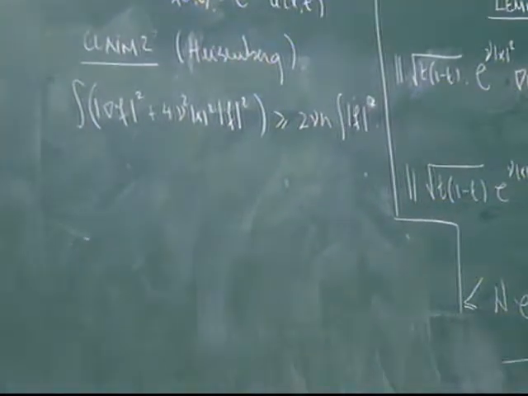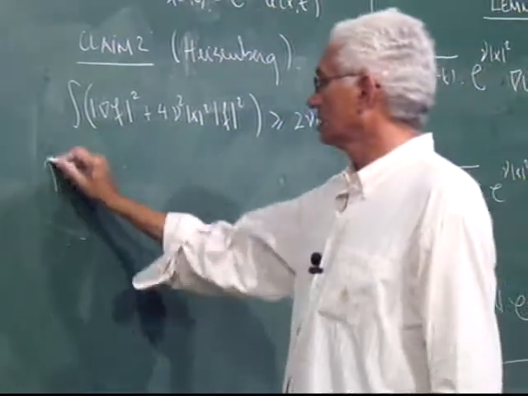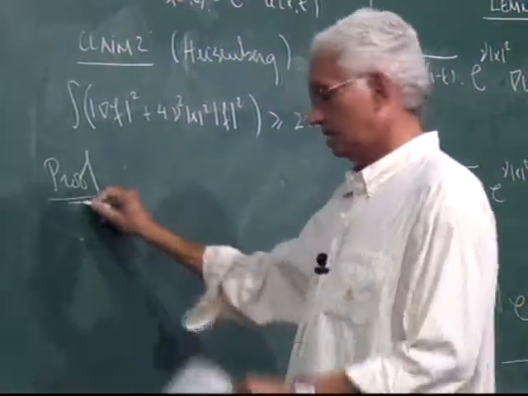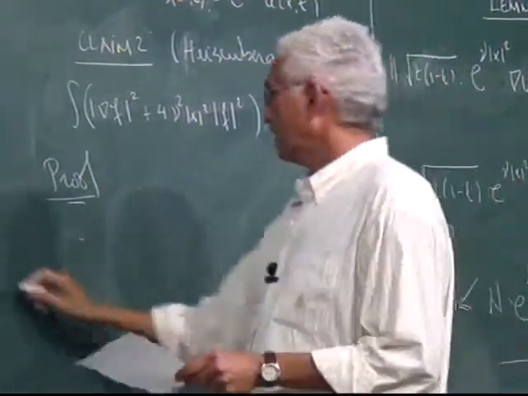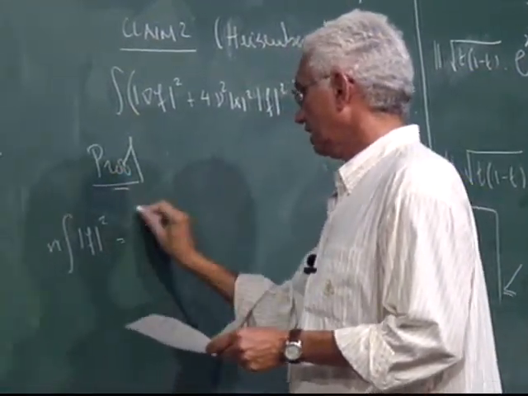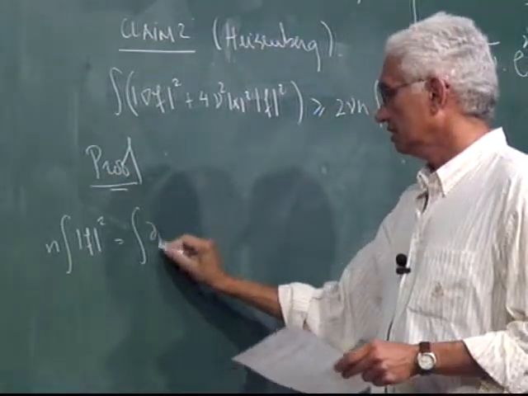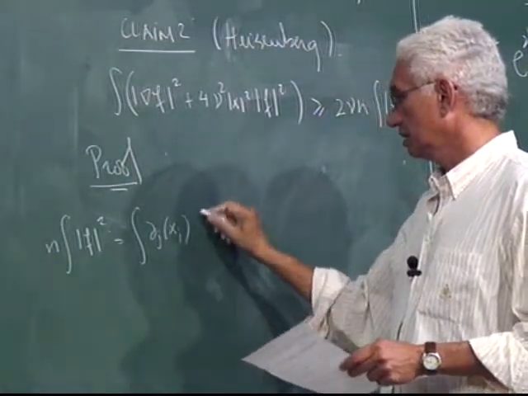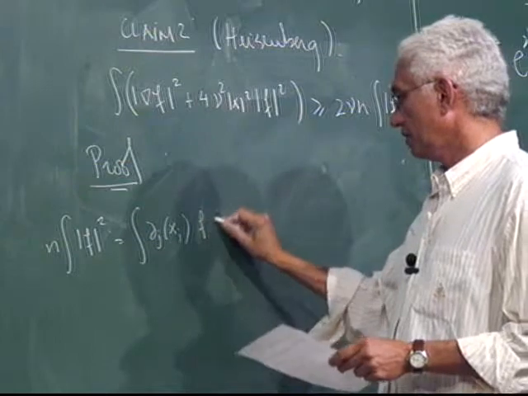Okay, let's prove this. N multiplied by the L2 norm of a function is exactly equal to the integral of f multiplied by f.